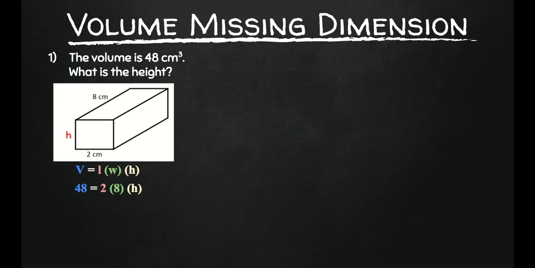I can simplify 2 times 8, which gives me 16. So I'm left with the equation 48 equals 16 multiplied by h. To solve this equation, I have to divide both sides by 16, which tells me that the height of the rectangular prism is 3 centimeters.